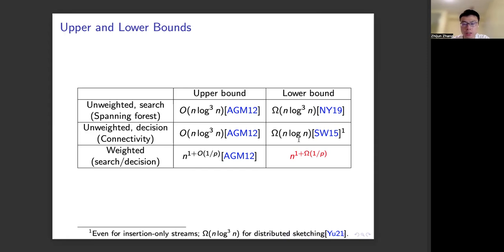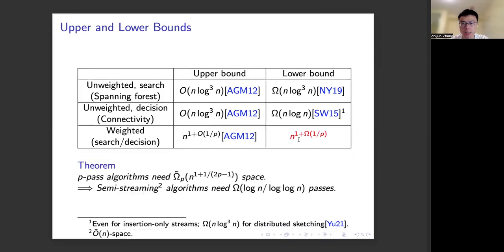Since then, there's been more than a decade of time, and very little progress on this MST problem. So we give an explanation to this phenomenon in this paper by saying that this upper bound is essentially tight for any number of passes.